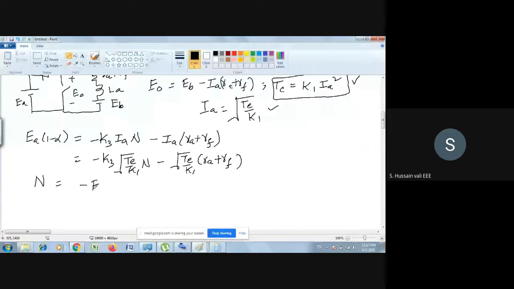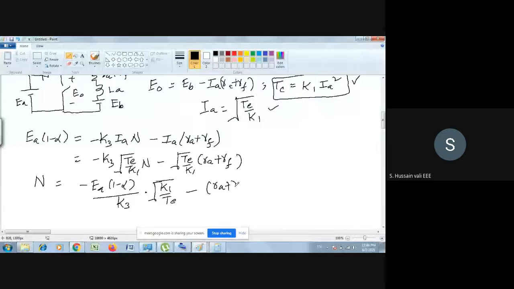Then it becomes minus E into alpha by K3, and then this becomes minus RA plus RF by K3.